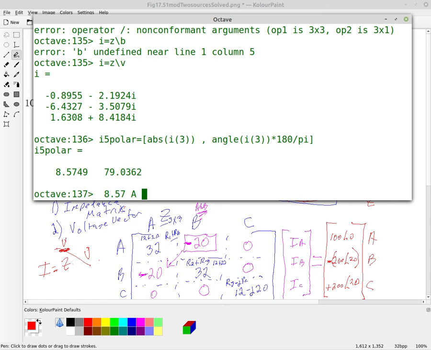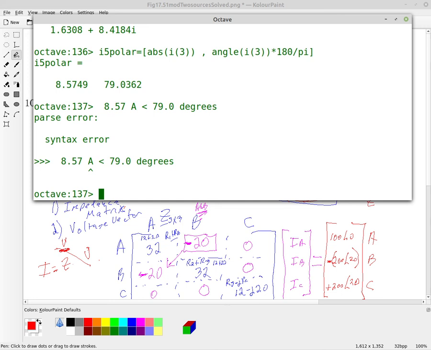I'm going to put a space, amperes, put in my angle sign, and then 79.0 degrees. I can't do an actual degree symbol in here, so I'm just going to type that in. But this is how I would type that into Blackboard. I want 3 digits, so there needs to be 3 digits for the current magnitude and 3 digits for the angle of the current.